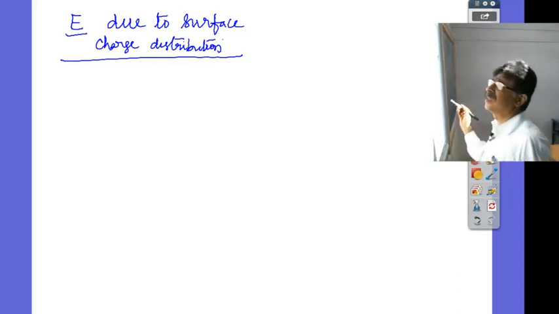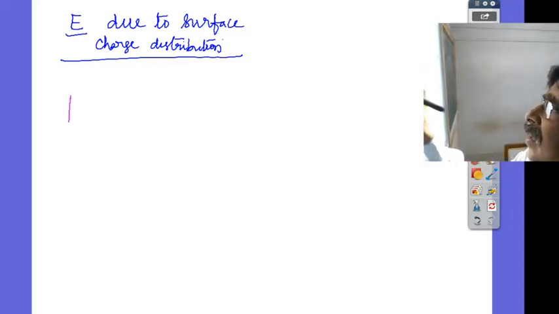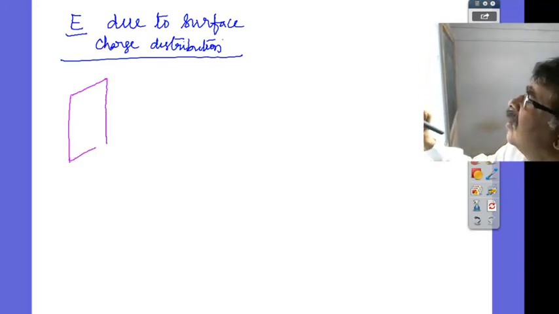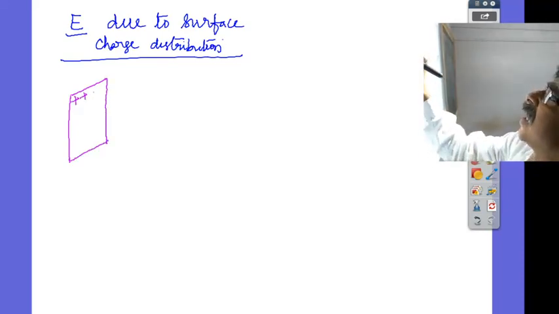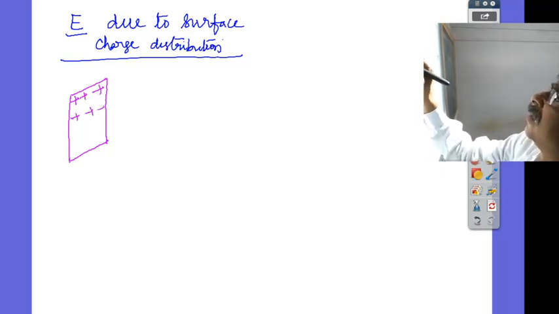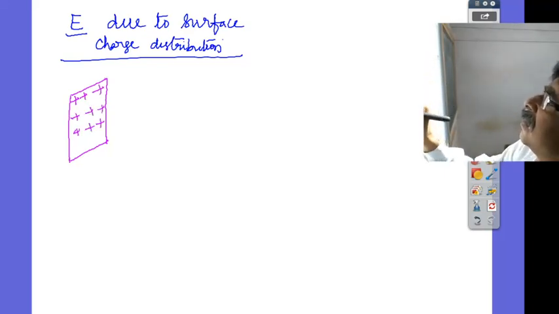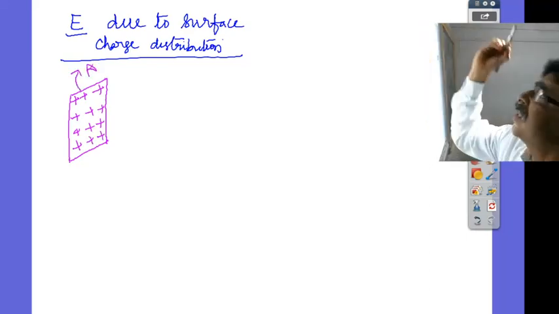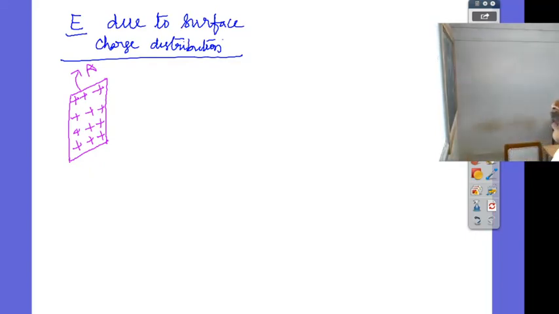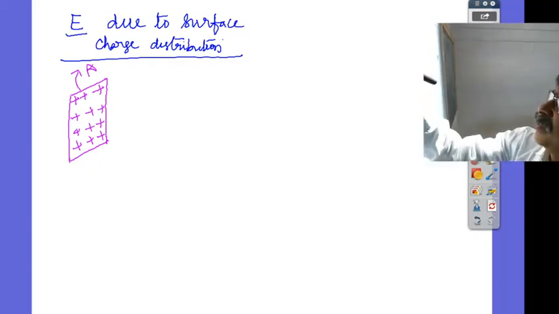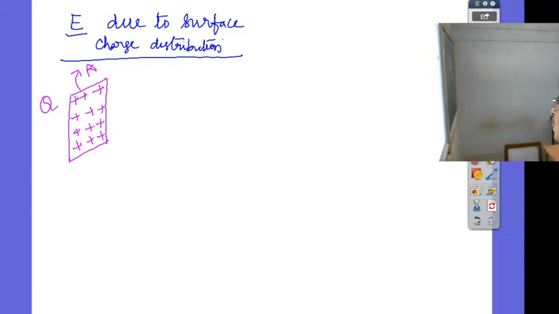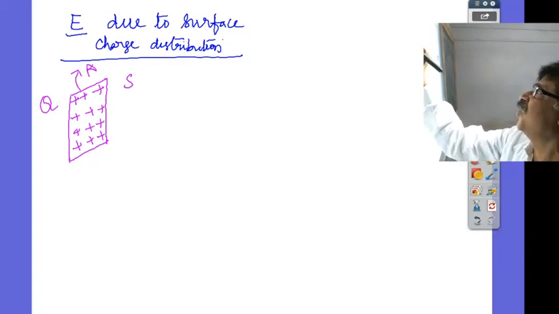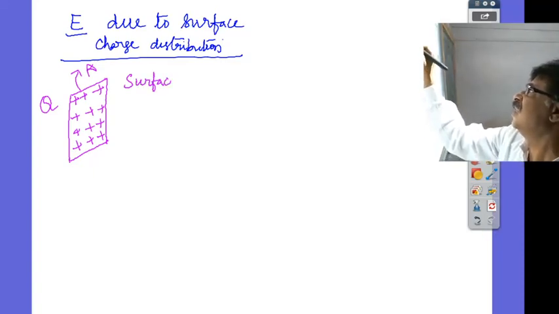For that purpose, I am considering a surface on which there is continuous charge distribution. Let me suppose the surface area as A, and let me suppose the charge that is present on that is Q. Then I can introduce a quantity called surface charge density here.